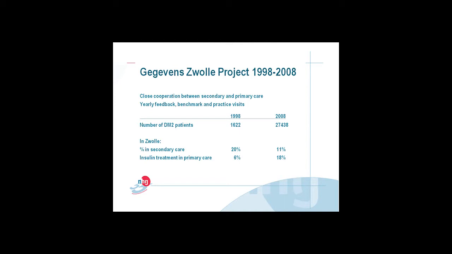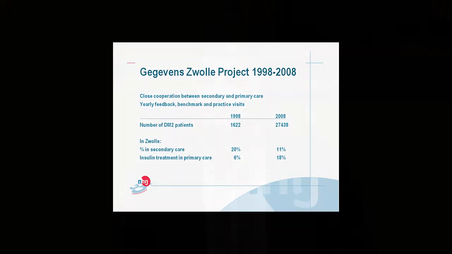From 20% it shifted to 11% in secondary care, and insulin treatment in primary care was very much stimulated, because that was previously the reason that patients would go to secondary care, because general practices were not able to start insulin treatment. Now they are, and you see that there is a rise in percentage of patients with insulin treatment in primary care. And that is one of the reasons that it shifted there.